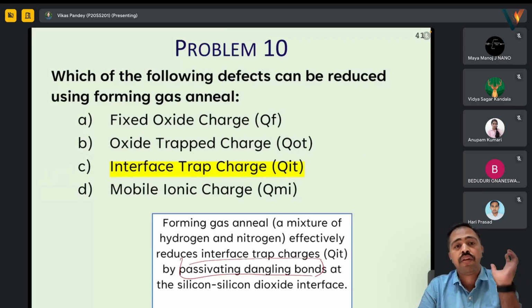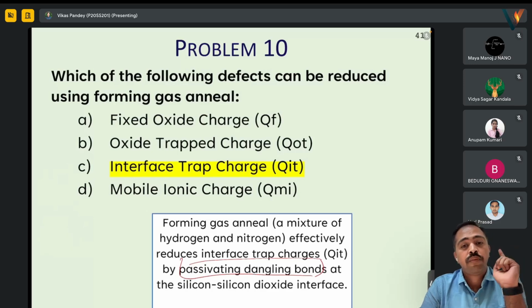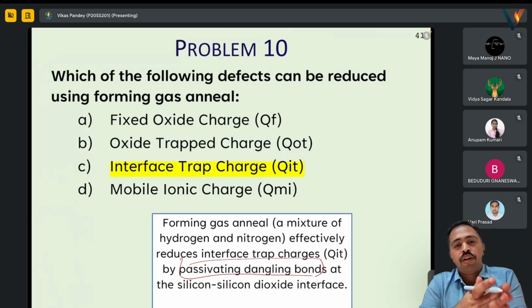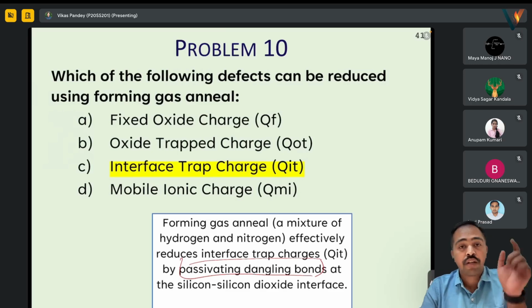And remember, whenever you are doing this process, it has to be the last high temperature process. After this, the wafer has to be cooled down. It should not be followed by other high temperature processes. Right? Yes. Any other questions?